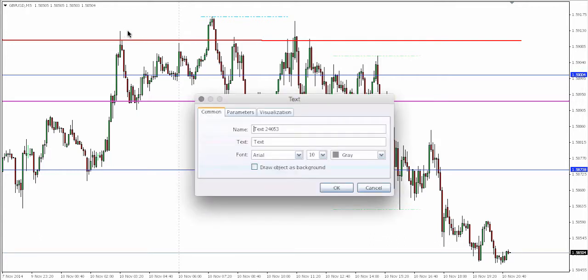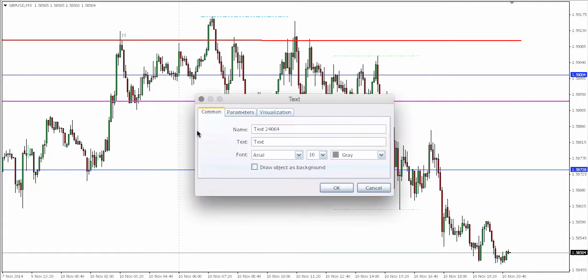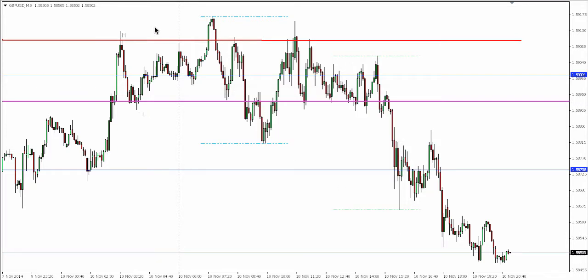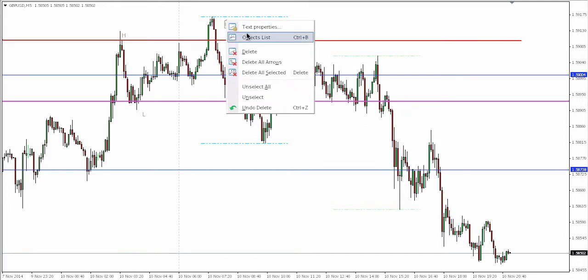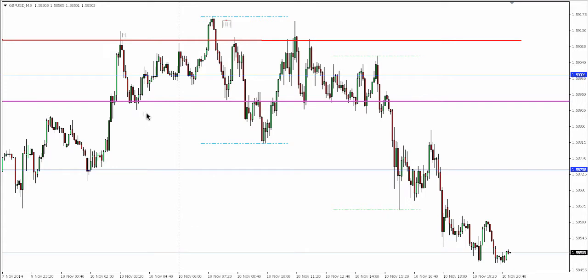So this is the high, this is the low, this is the higher high. Then we have a change in market structure right over here.